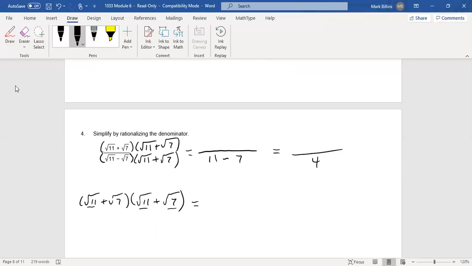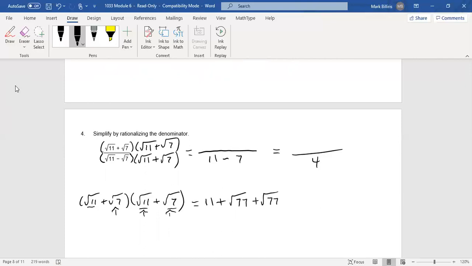The square root of 11 times itself, remember, removes the radical sign. The square root of 11 times the square root of 7 is the square root of 77. Next, I'm going to take the square root of 7 times both. So this positive square root of 7 times positive square root of 11, again, is positive square root of 77.